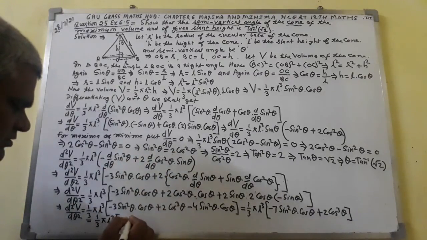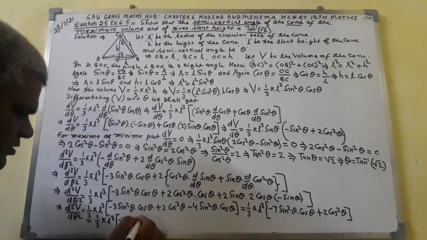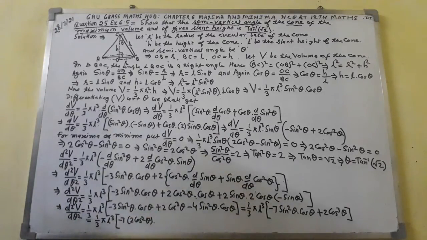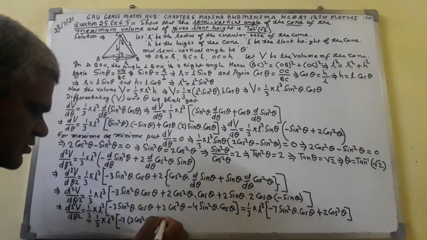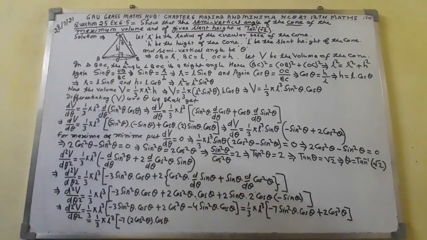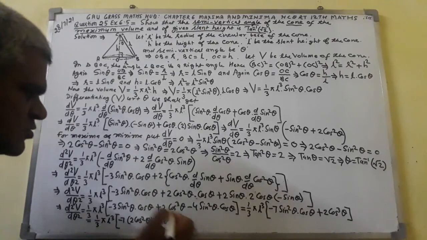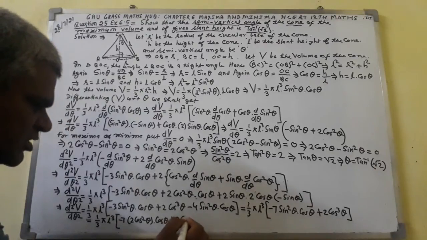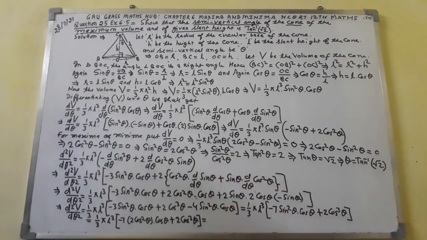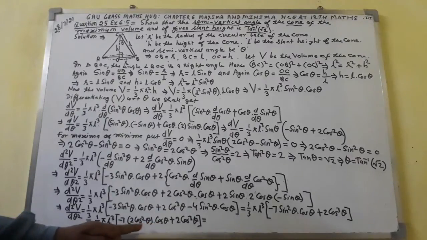So here write 2 cos square theta dot cos theta I shall write, plus 2 cos cube theta equal to, here cos square theta and cos theta will multiply together. We will get here cos cube theta.